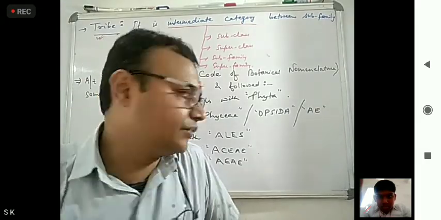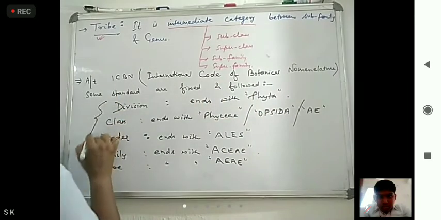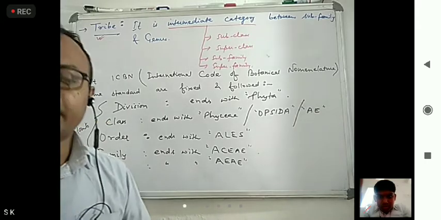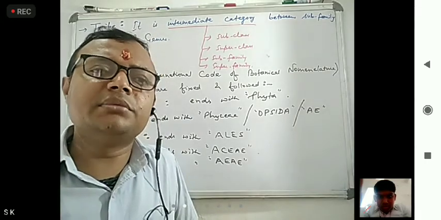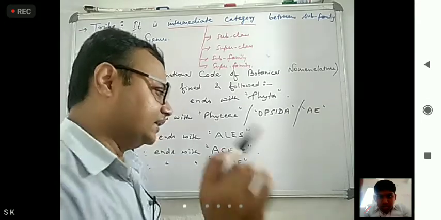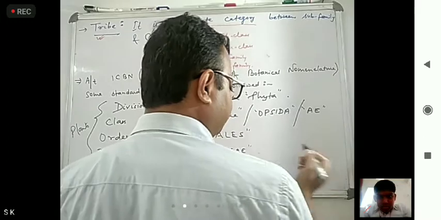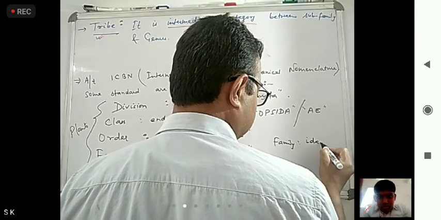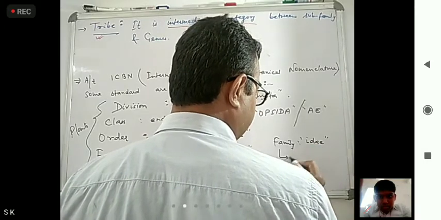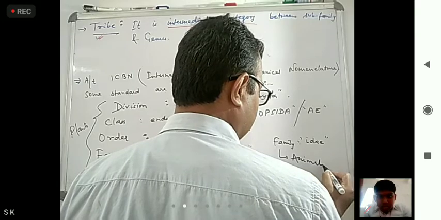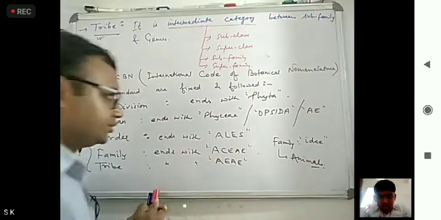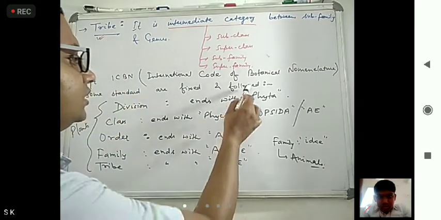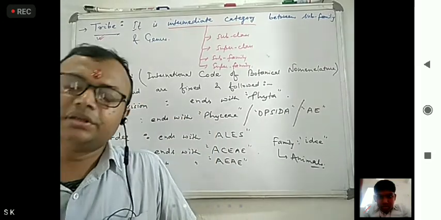These all are for plants. If we are talking about animals, family generally ends with idae, but many times they change it, so no perfect rule is there. Family ends with idae. This is for animals.